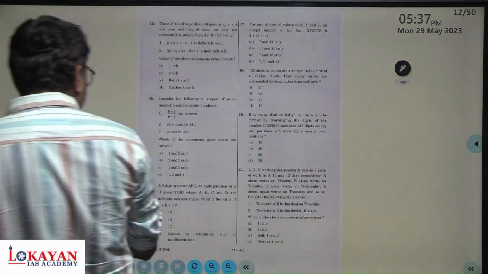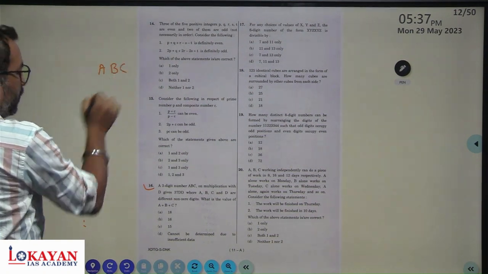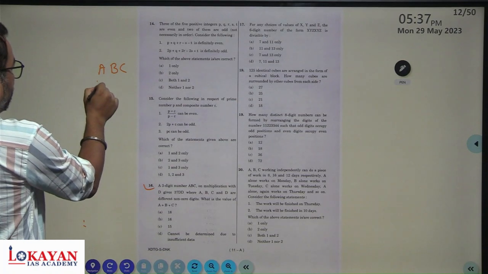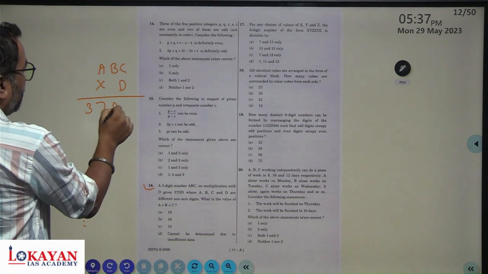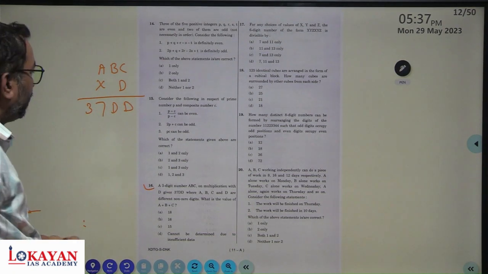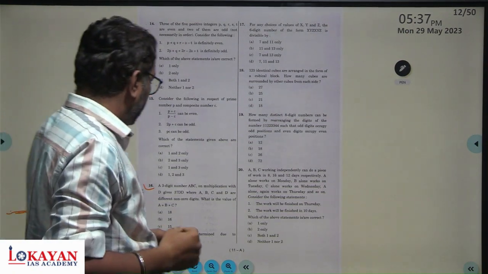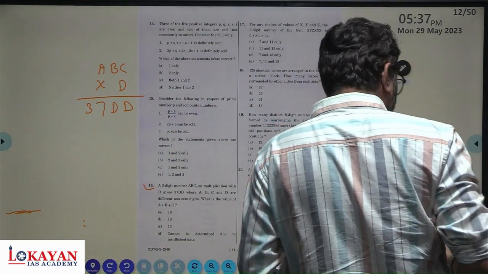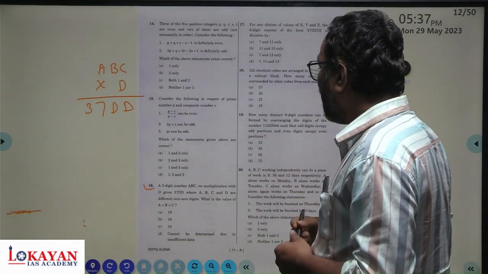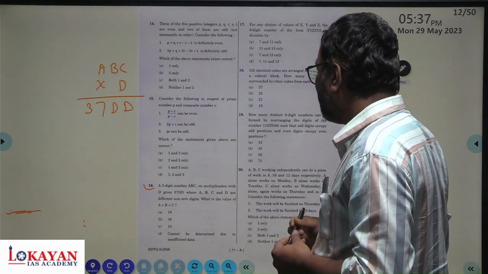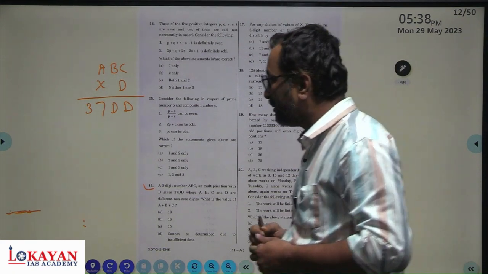Now see, a 3-digit number ABC, on multiplication with D, gives us 37DD, where A, B, C and D are different non-zero digits. What is the value of A plus B plus C?